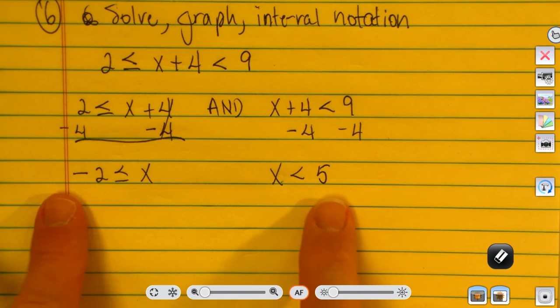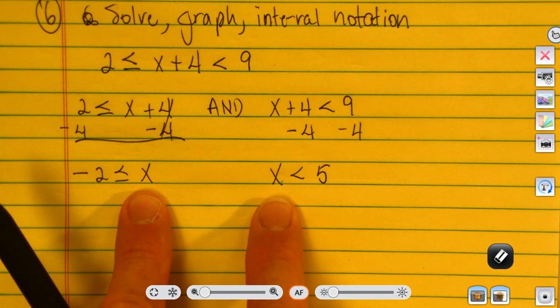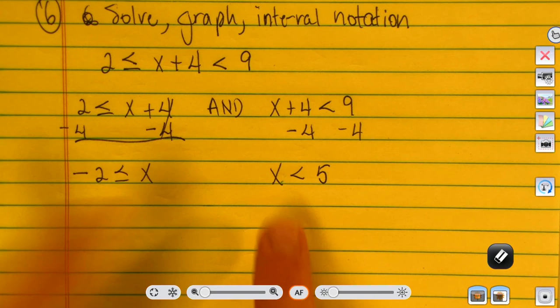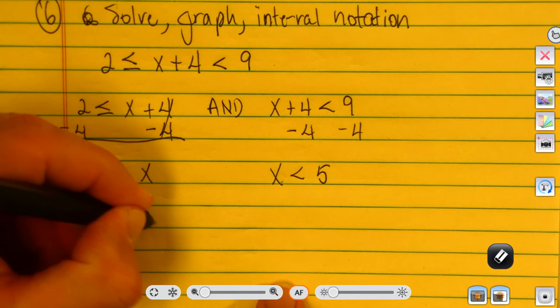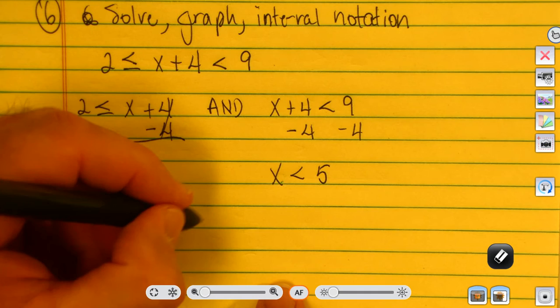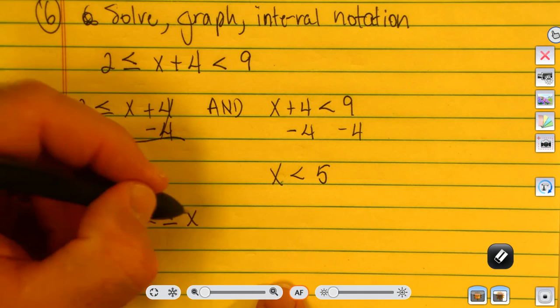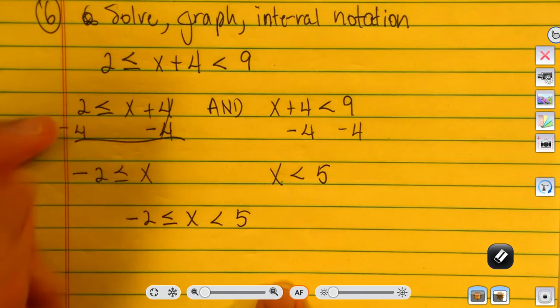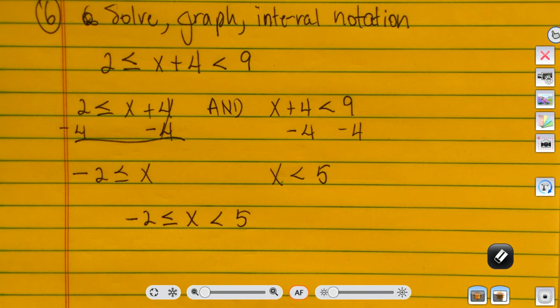So if I join those back together, my x is in the center. I could write that solution this way as negative 2 is less than or equal to x, which is less than 5.